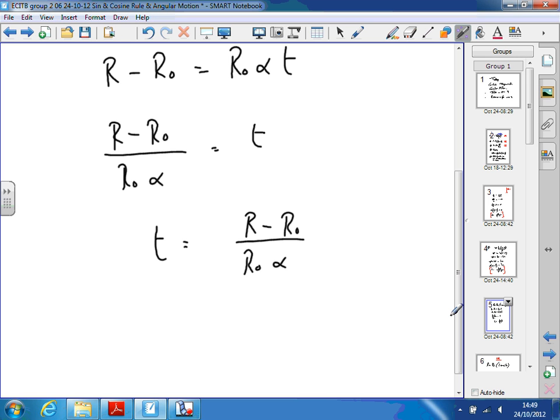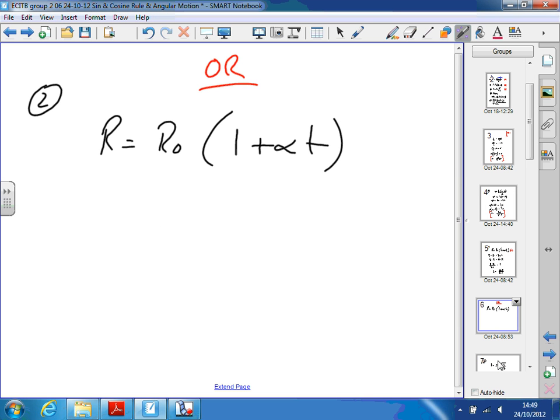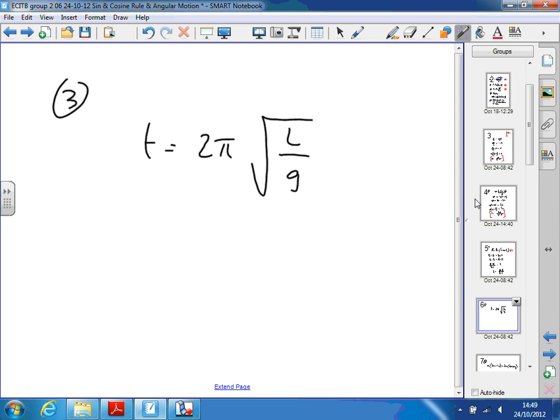Okay, let's look at the next one. The third one that I want you to do, number 3. T equals 2 pi root L over G. That's an L, that symbol for length. This formula is to find the time it takes, the period, the time for a swing of a pendulum.